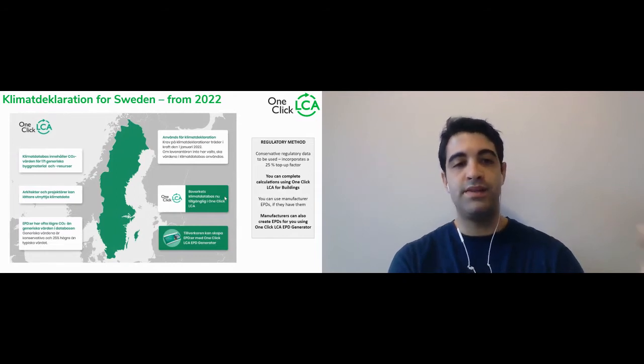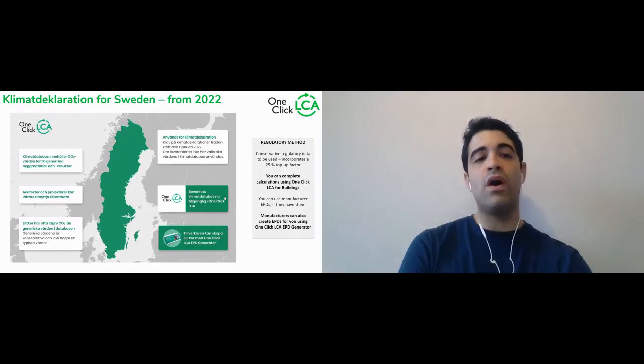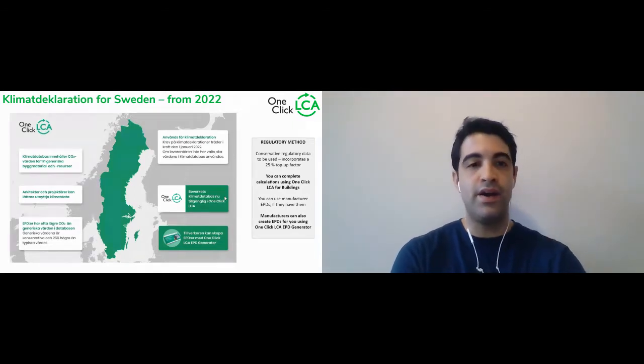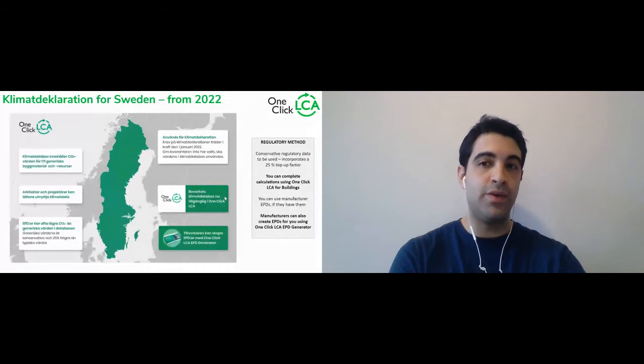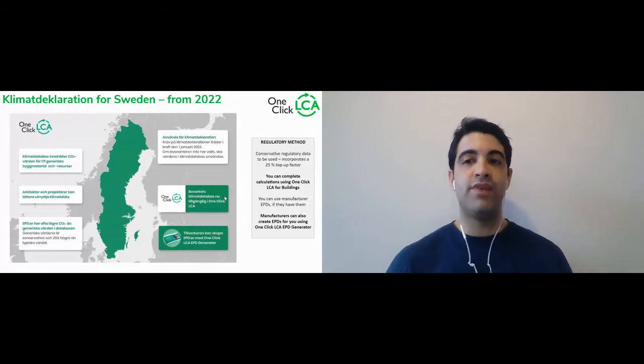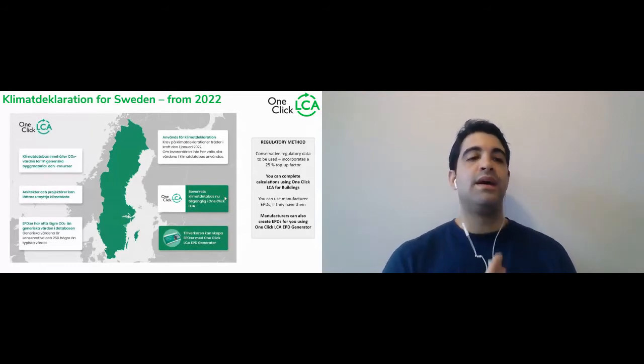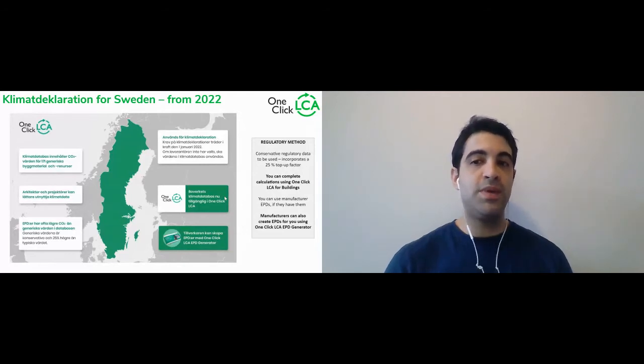So that means that the emissions in general are 25% higher than the typical value. You can complete these calculations using One-Click LCA for buildings. And because of this conservative factor, the emissions are going to be 25% higher than typical values, it is encouraged to use EPDs.